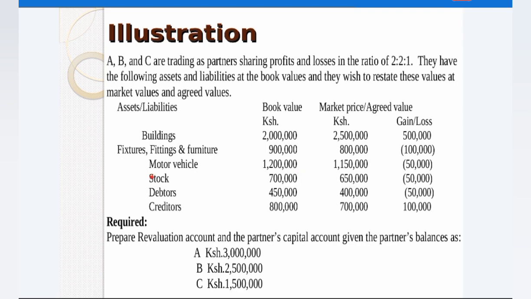The inventories, book value of 700,000, a market value of 650,000, a loss of 50,000. The debtors, a book value of 450,000, a market value of 400,000, and therefore a loss of 50,000.